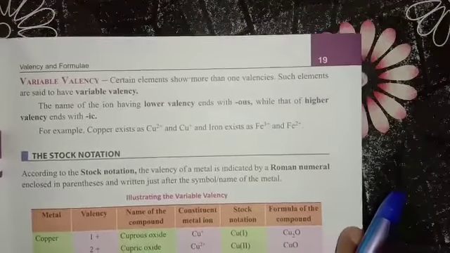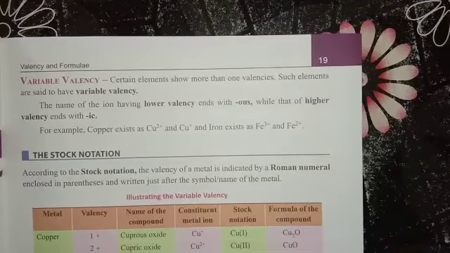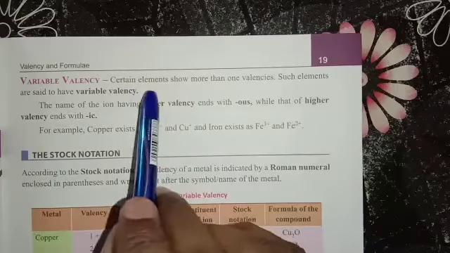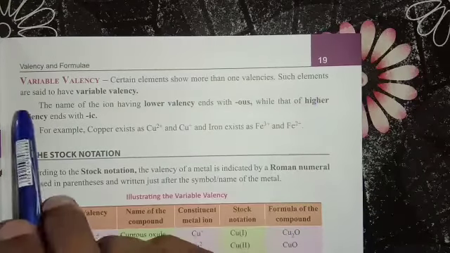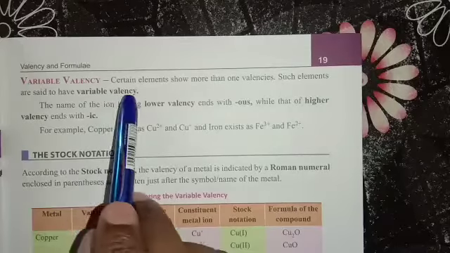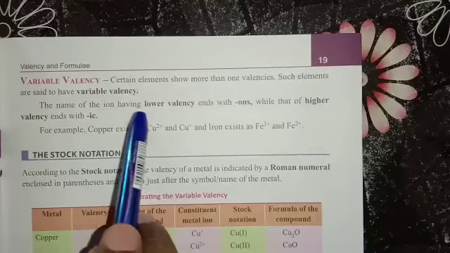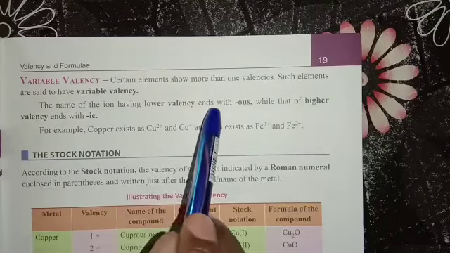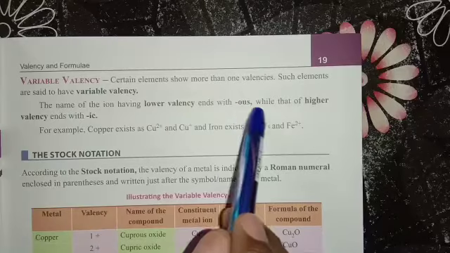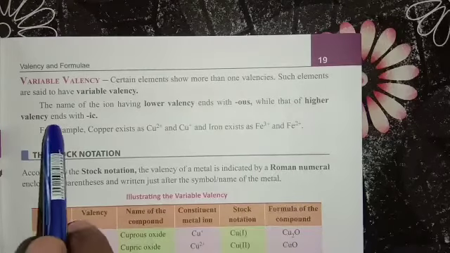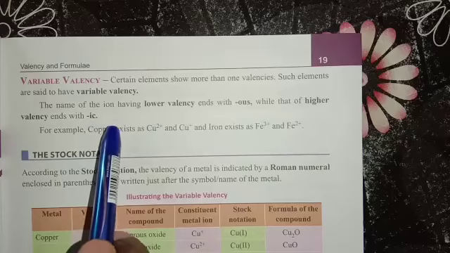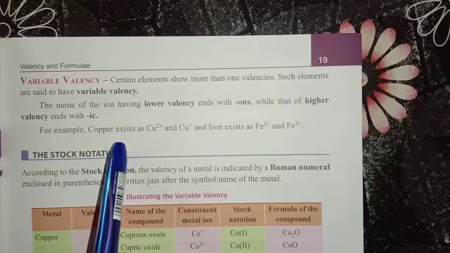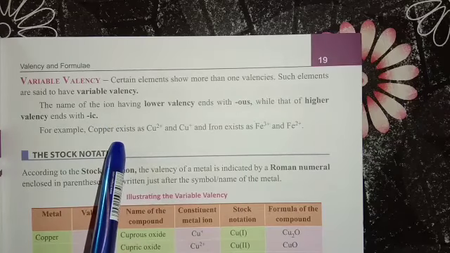Next we see variable valency. Certain elements show more than one valency; such elements are said to have variable valency. The name of the ion having the lower valency ends with -ous, while that of the higher valency ends with -ic, like cuprous, cupric, ferrous, ferric.